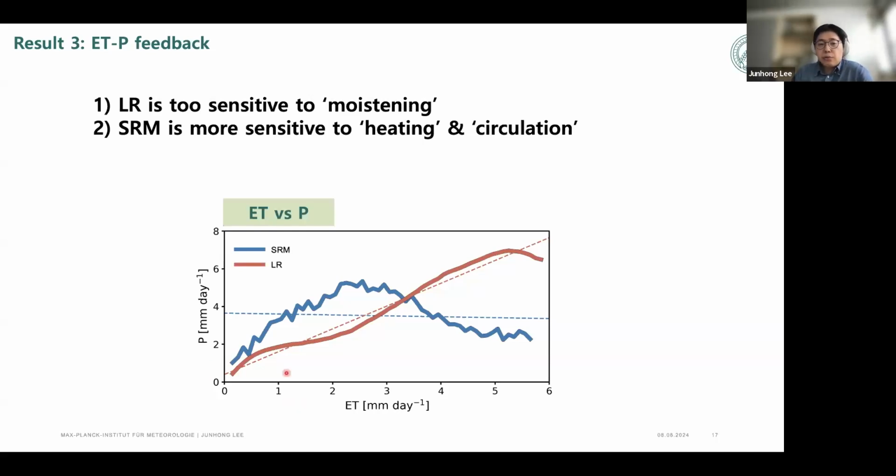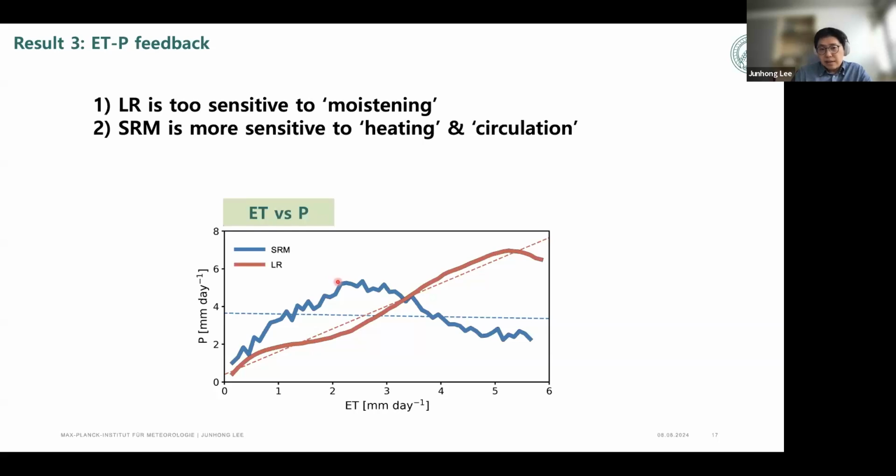But that's not really true for the storm resolving simulation. At the beginning it looks like a linear relationship, but after 2 millimeters per day, the linear relationship breaks, and it seems to be non-linear.